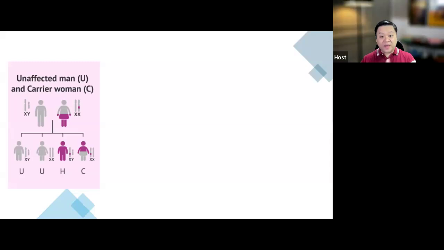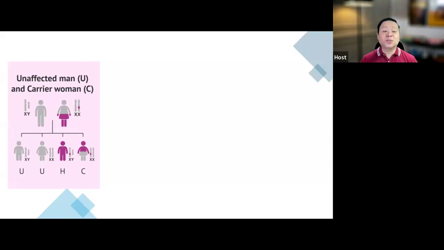And when they grow, of course, they're going to manifest signs of hemophilia. There's also a possibility that one or more daughters could inherit the X chromosome with a hemophilia gene mutation from their mother and become carriers, while others could inherit the normal X chromosome from both parents.